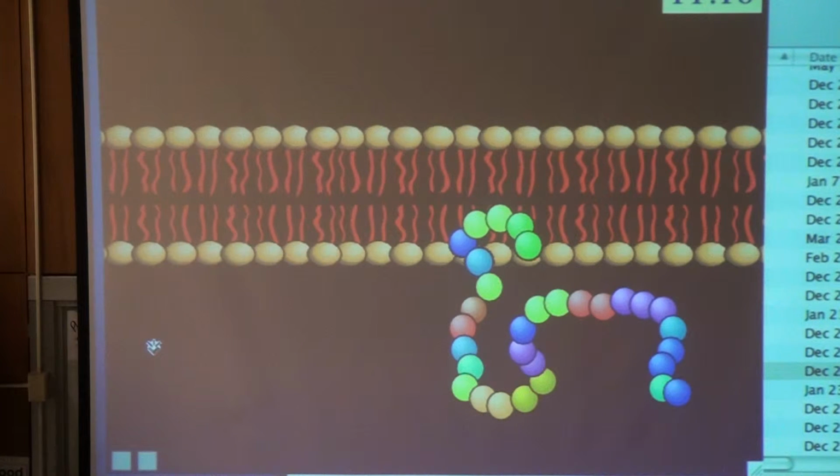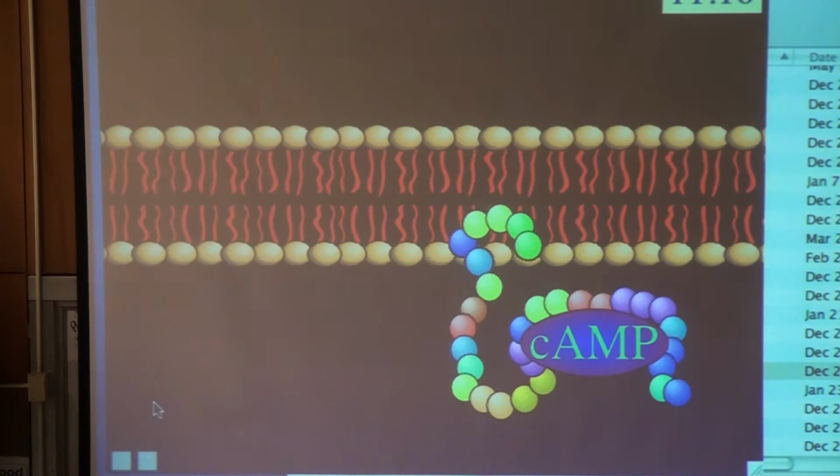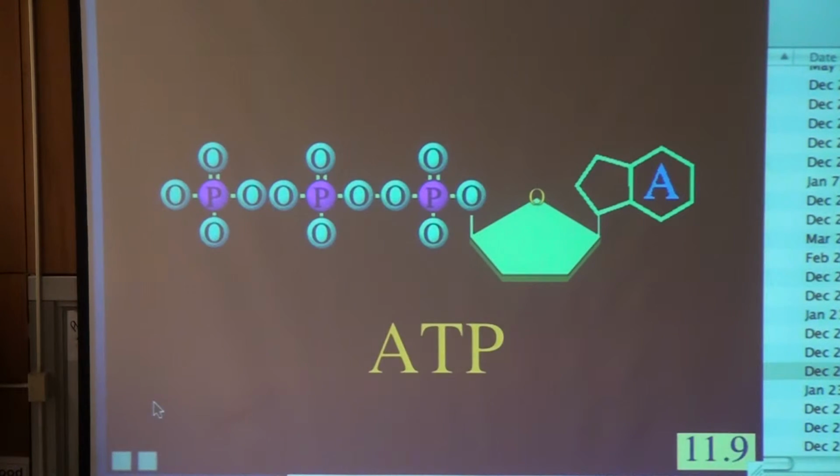And what it does is start manufacturing a molecule called cyclic AMP, or cAMP for short. The adenylyl cyclase grabs an ATP molecule and converts that ATP molecule into a cyclic AMP molecule. All right, here are the structures. There's good old ATP.